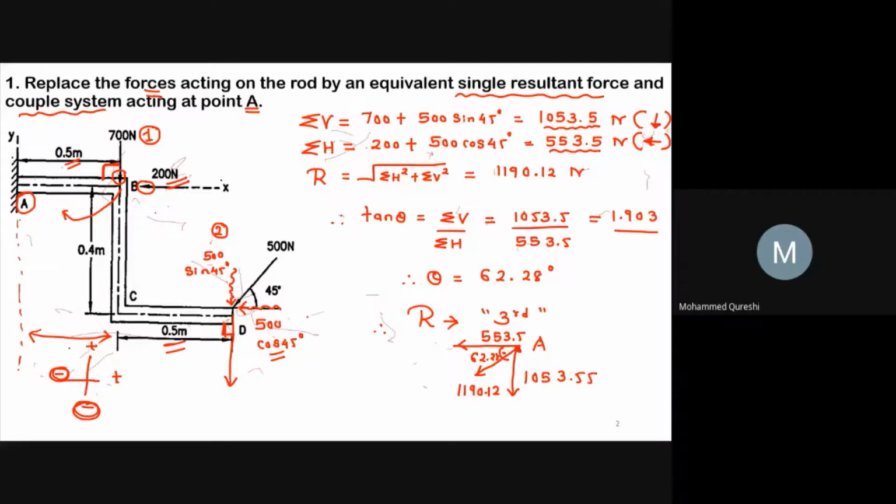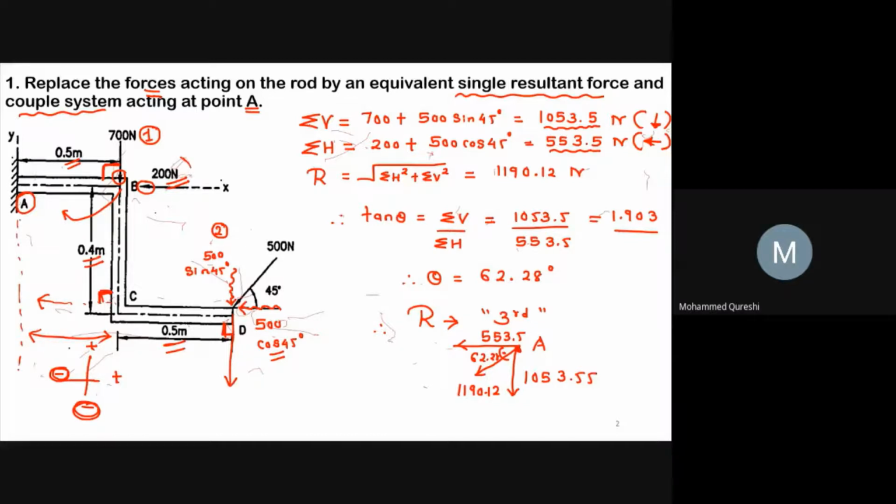And our next force, that is 500 cos 45, I will denote over here. So 500 cos 45 will make the perpendicular distance with respect to point A as 0.4 meter.